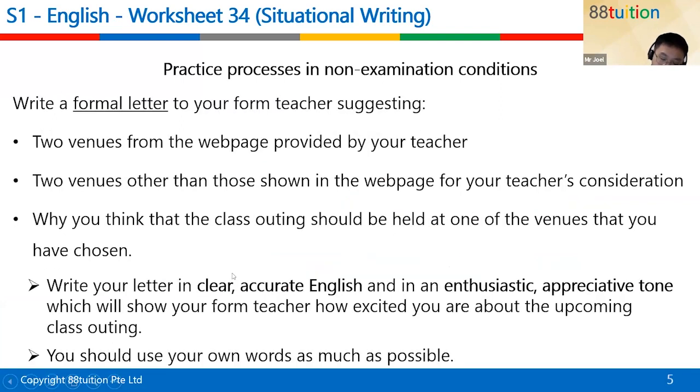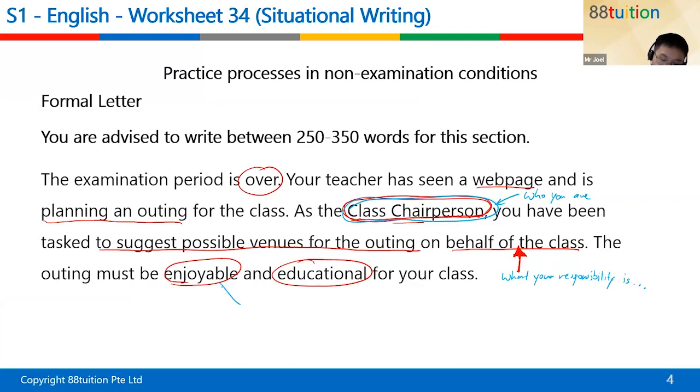And over here, what is this? Enjoyable and educational. This is reasons. You must have elements of enjoyment and education for you to make those suggestions. All right. So these are all really important information. Don't miss it.